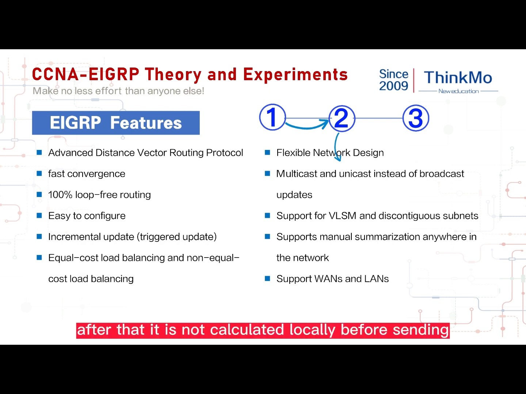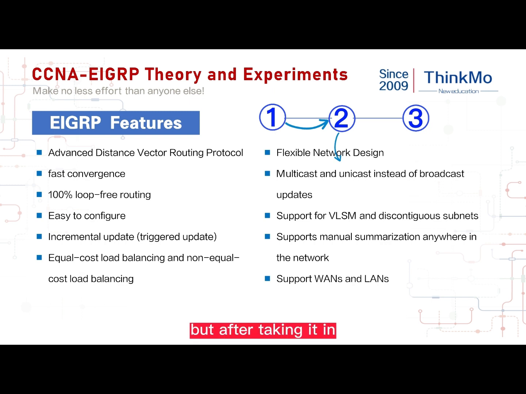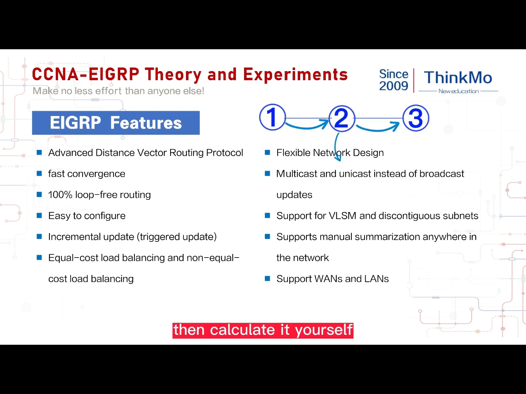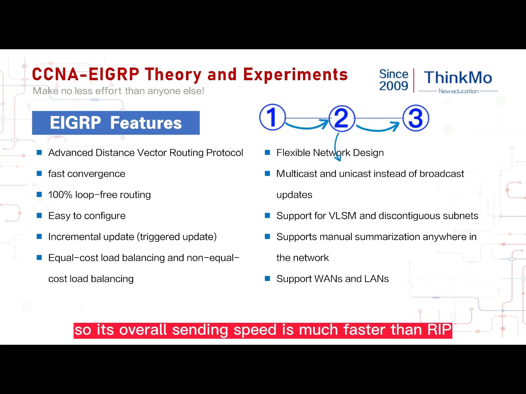After that, it is not calculated locally before sending, but after taking it in, it takes its own and sends it directly to the other party. Then it calculates itself. Every device is like this. So its overall sending speed is much faster than RIP.